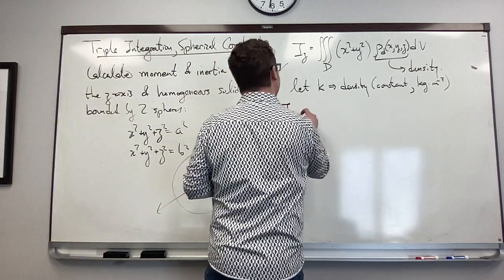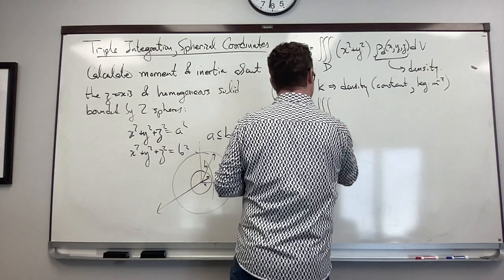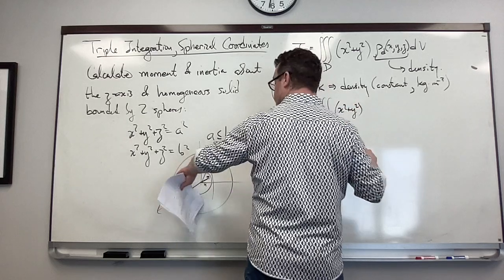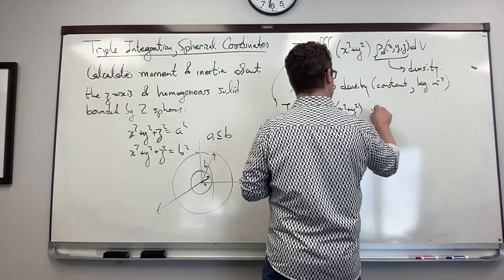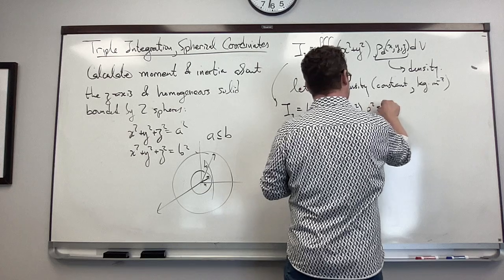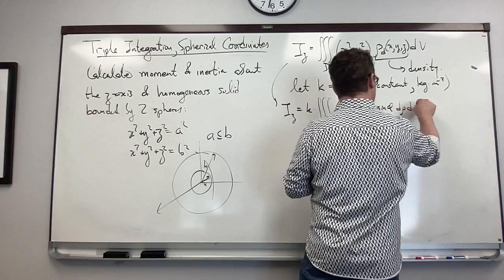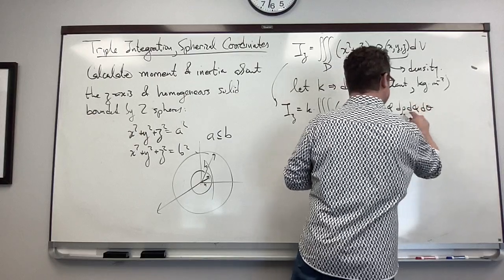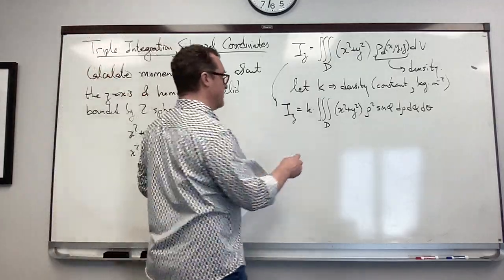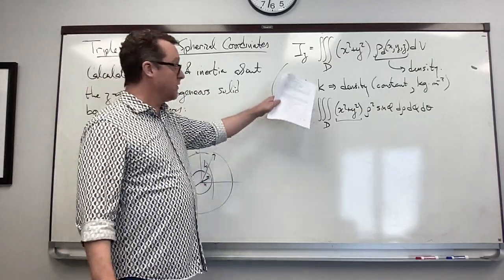So I sub z is equal to k times the triple integral over the region D of x squared plus y squared, where the region D is the region between these two spheres. And dV I'll write out as rho squared sine phi. I'm writing these in no careful order. I'm not saying I'm going to integrate in this order yet, I'm just putting them all down there. Now, this is a mess, we can't have this. I've got a mix of different variable systems. So I need to convert this into spherical, and then we need to decide on the limits of integration.